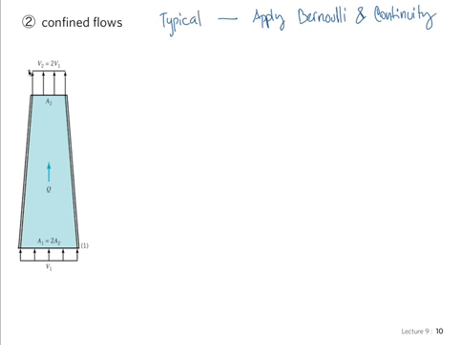And so consider in this case a fluid in a tube in which the inlet area, A1, as shown in this diagram, is double A2. So inlet area twice outlet.